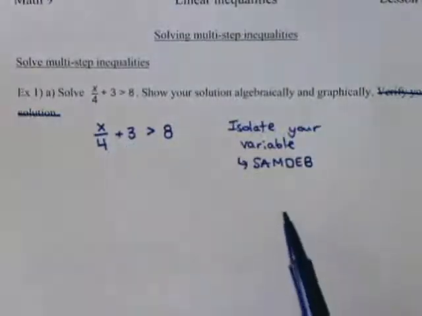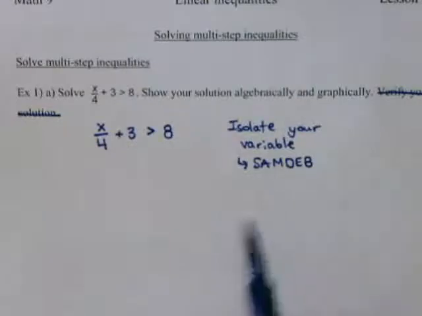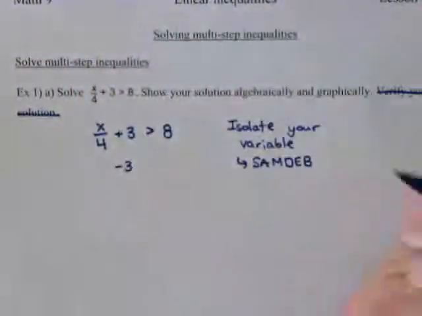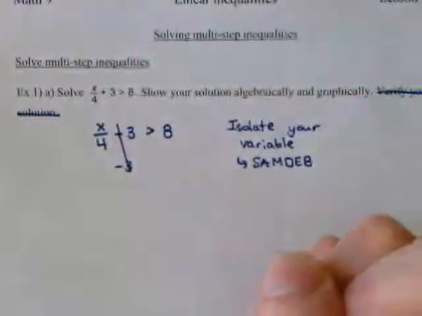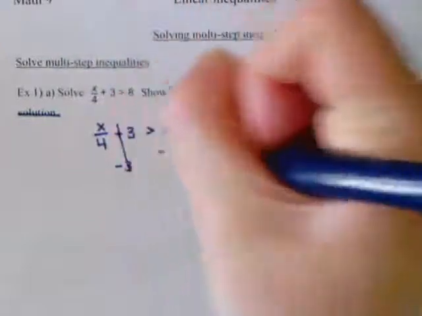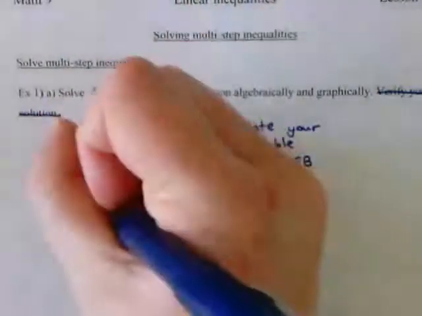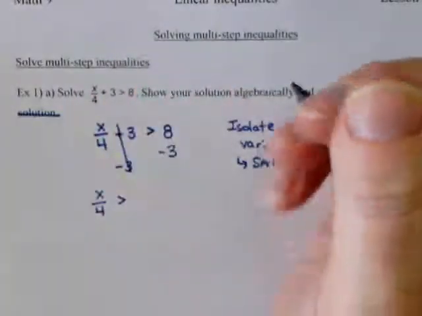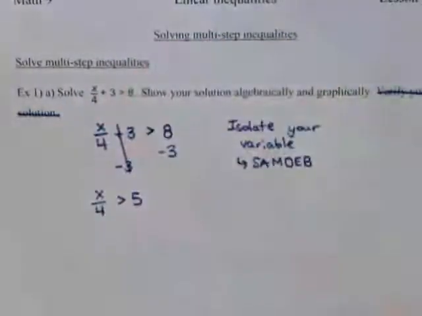What comes first? Subtraction, addition. So we must subtract 3 from each side in order to keep our inequality balanced, but also to isolate our variable. So here we have x divided by 4 is greater than, and 8 minus 3 is 5.